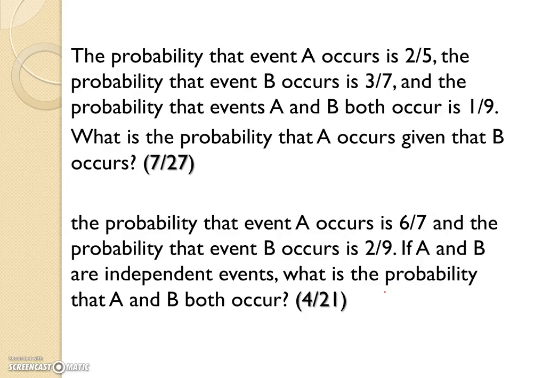And that should give you, in the simplified form, 1/9. In the second problem, you multiply 6/7 and 2/9, and the simplified fraction is 4/21.